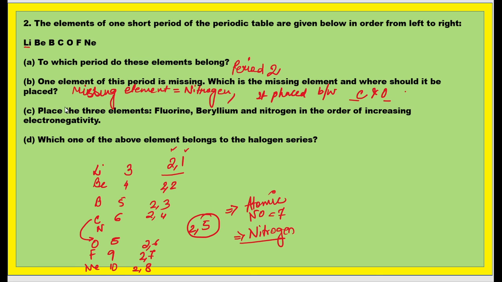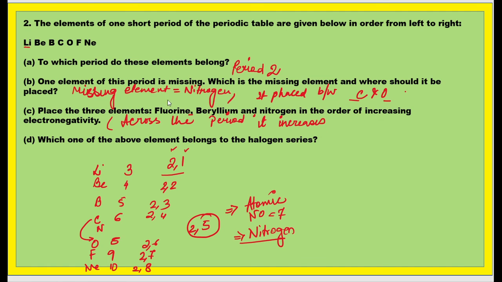Okay, third question is arrange these elements in the increasing order of electronegativity. So what is the trend for electronegativity across the period? Across the period, it increases. So we have to find the increasing order.